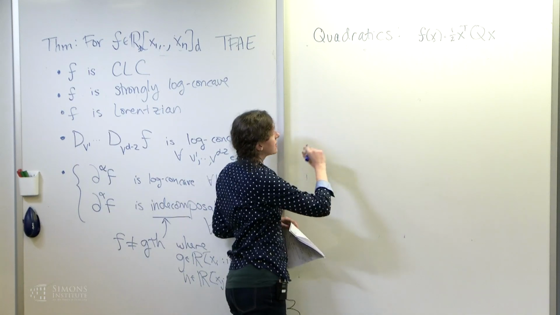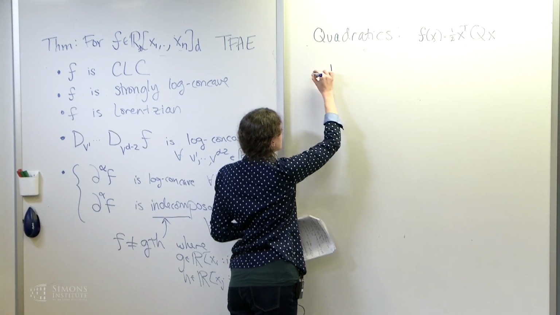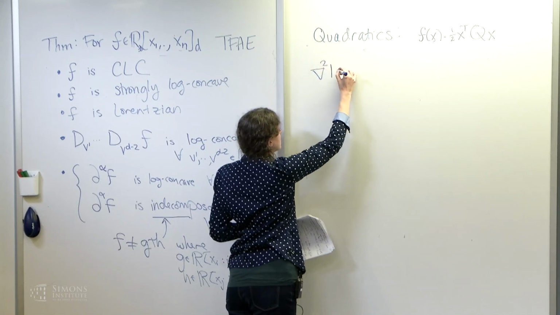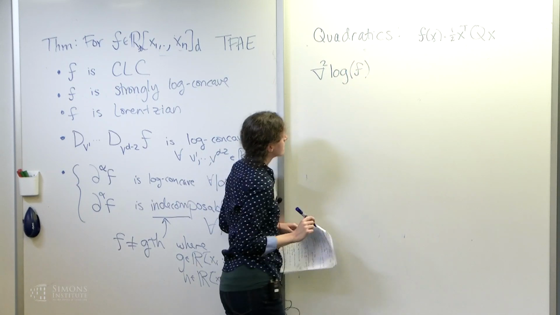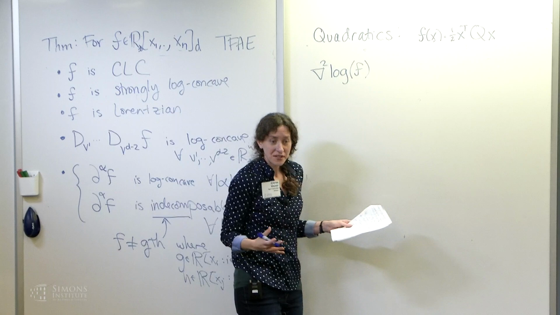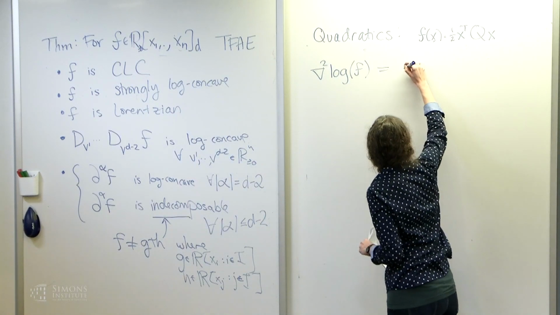Then if I do the natural thing, which is to take the Hessian of the log of f, this is a multivariable calculus exercise.